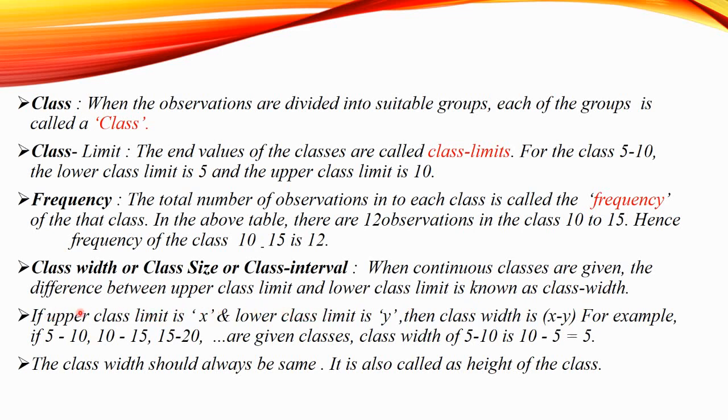If the upper class limit is x and the lower class limit is y, then class width is x minus y. In the previous example, the classes were 5 to 10, 10 to 15 and 15 to 20. Therefore, the class width here is 10 minus 5, which is equal to 5. The class width should be the same for all the classes in the same question.